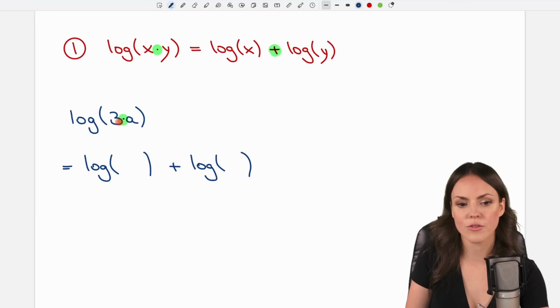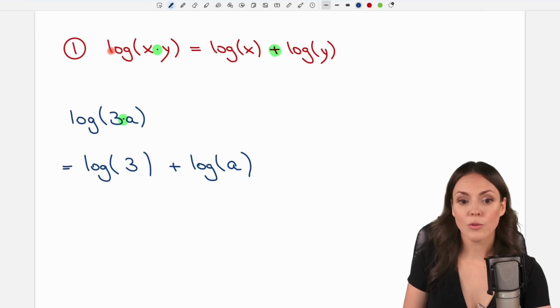So I only have the 3 here in front of my multiplication symbol, so I take the 3 and write it in my first logarithm. And in the second logarithm, I have everything that comes after my multiplication symbol. So after my green multiplication symbol here, I only have the a, so the a goes into my second logarithm, and this is the first rule applied to this expression here.